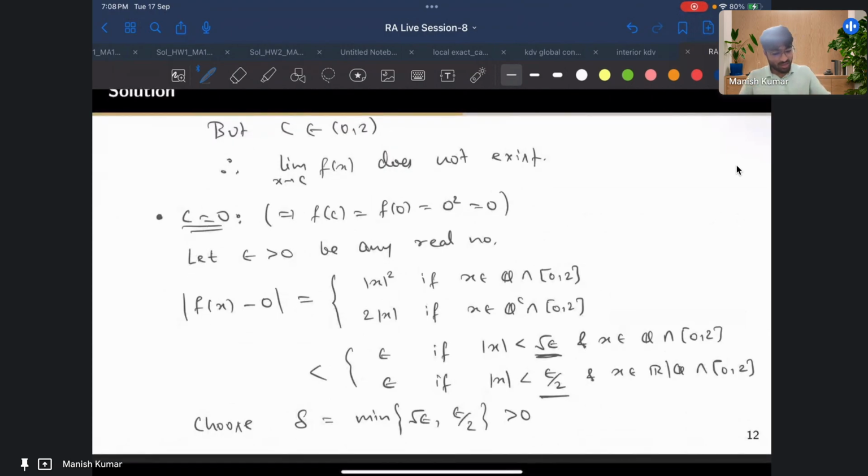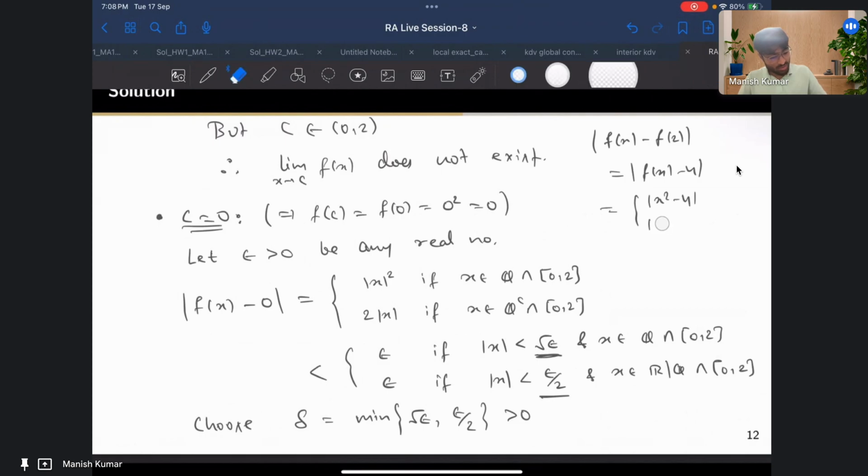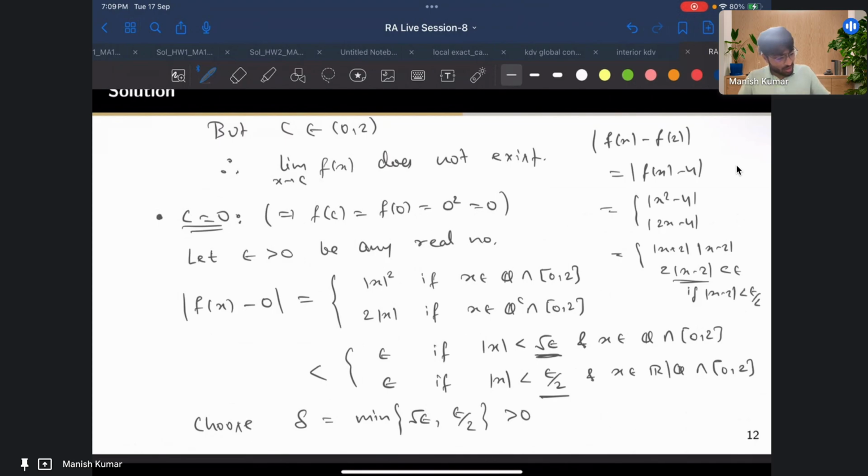Now for the second case, f of x minus f of 2 is nothing but f of x minus 4, and this is either x square minus 4 or 2x minus 4. Here you can see it is (x plus 2)(x minus 2), and here we get 2 times (x minus 2). Now this is clearly less than epsilon if mod x minus 2 is less than epsilon by 2, and you have to again bound this thing by some c.